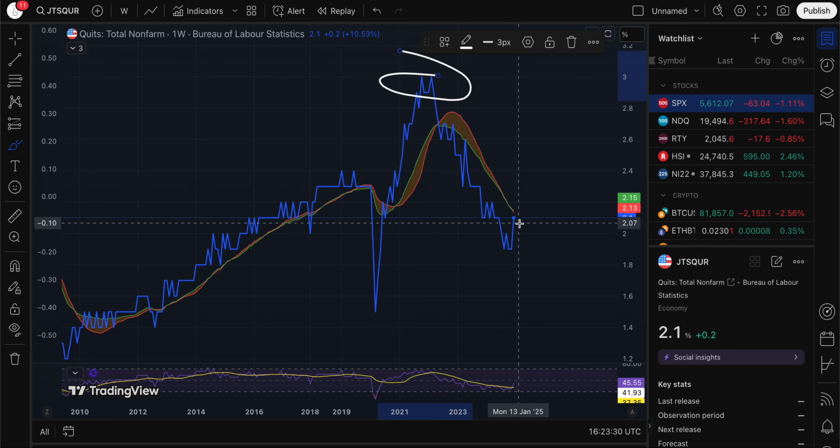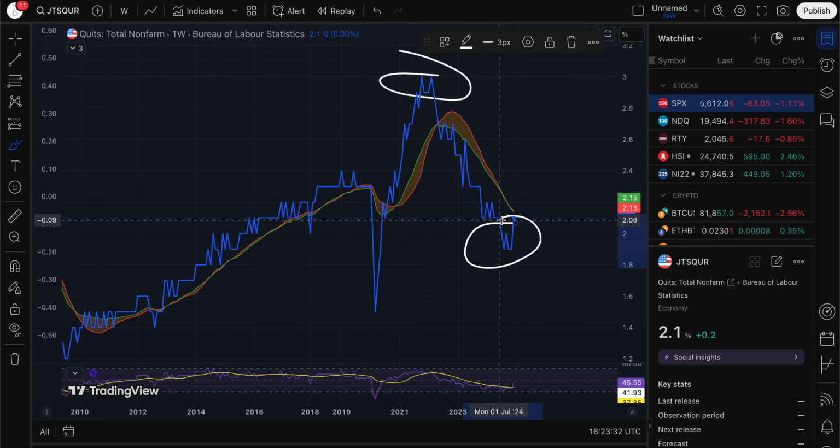When you're at cycle lows in the quits rate, that is an employer's labor market, because employees no longer have that leverage. And the reason why they no longer have that leverage is that they no longer see abundance in the economy. They no longer see many job openings. And so what people are telling you with a low quits rate is that I'm going to keep my job.